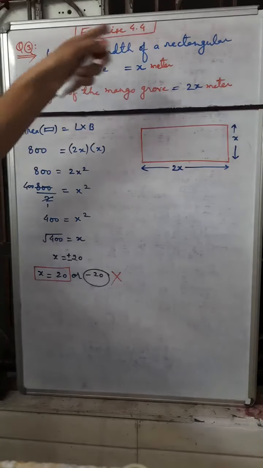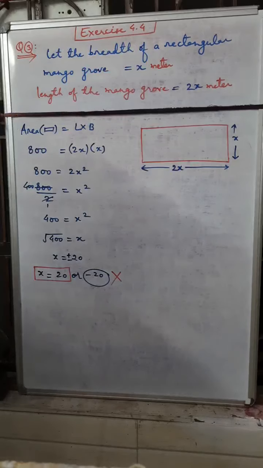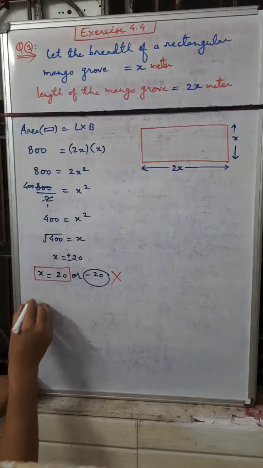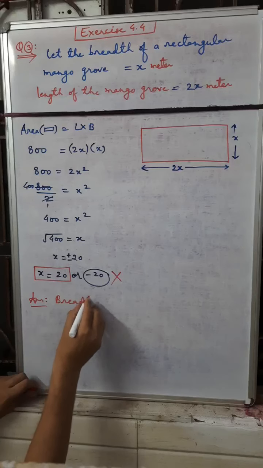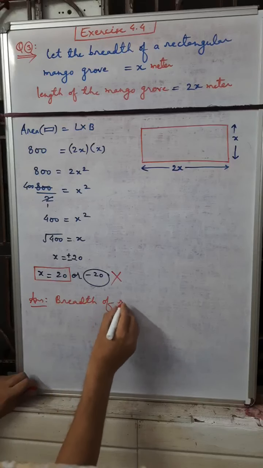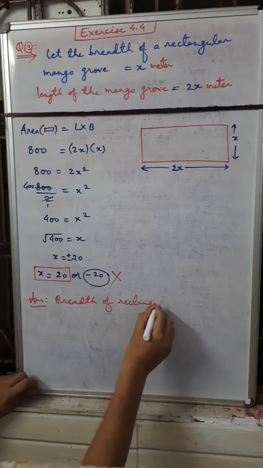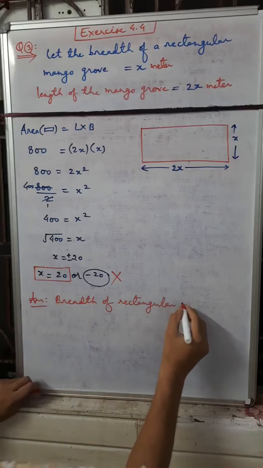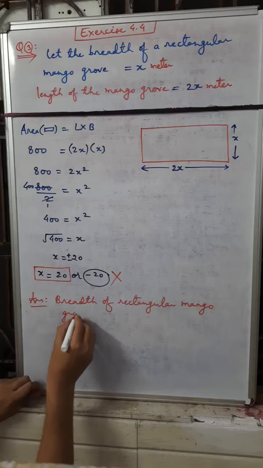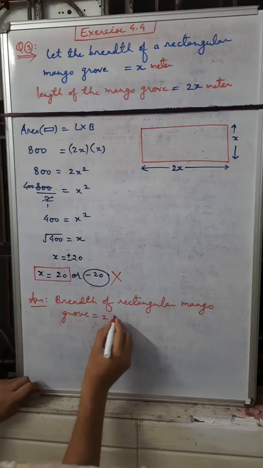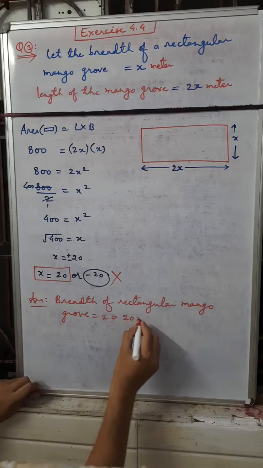So now we will get the breadth. The answer we will write here: breadth of the rectangular mango grove, we have assumed x, so x is equal to what? 20 meter.